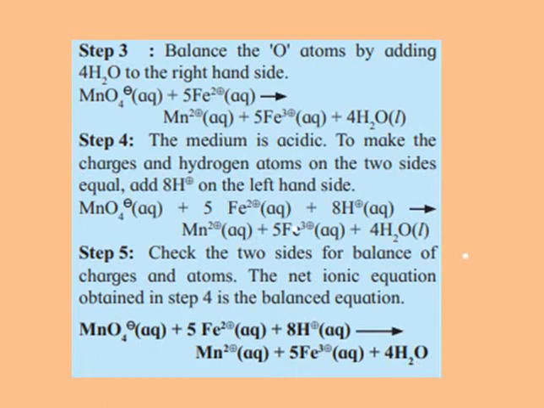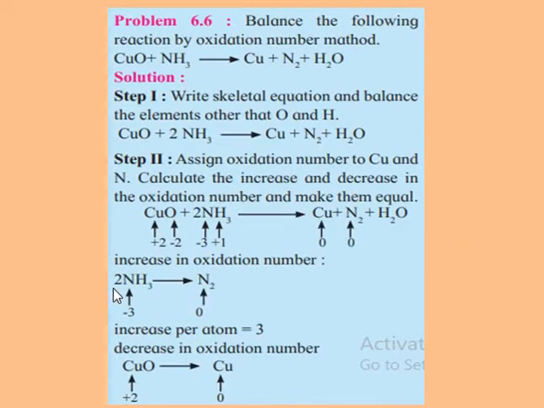Similarly, solve another example present in our textbook: balance the following reaction by the oxidation number method. In this example, CuO, cupric oxide, reacts with NH3, ammonia, and forms copper, nitrogen gas and water. Balance this equation using the oxidation number method.